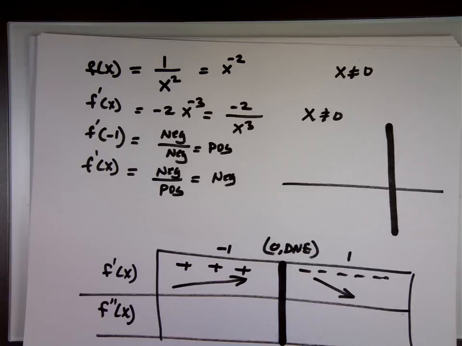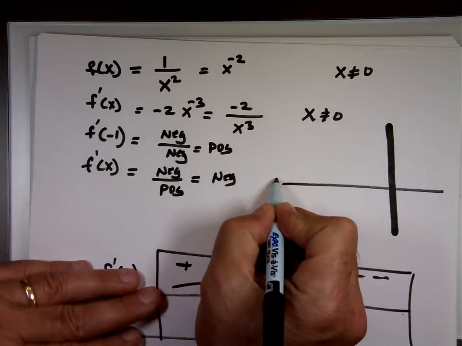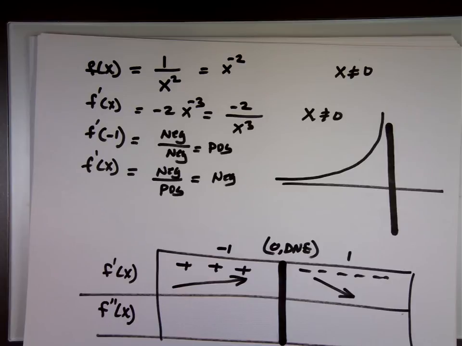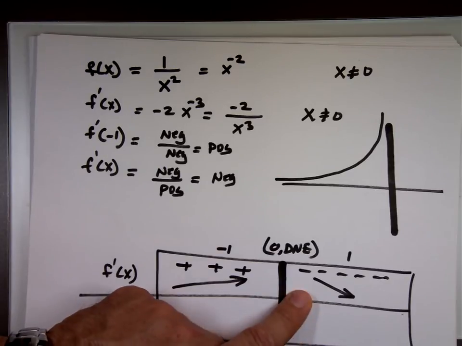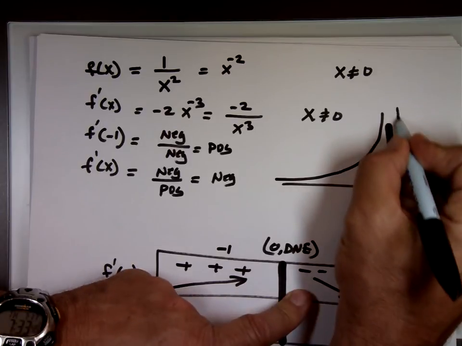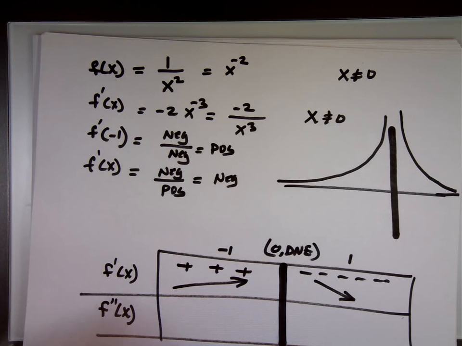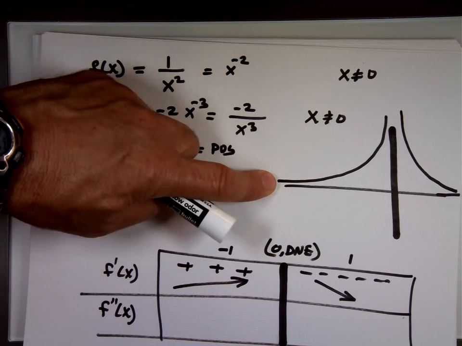So the function starts from here. It's increasing. It's going to go like this. After that, the function is decreasing and is going to level off at the horizontal asymptote at y equals 0. So the graph will look like this. It's increasing from negative infinity to 0, decreasing from 0 to infinity, no min, no max.